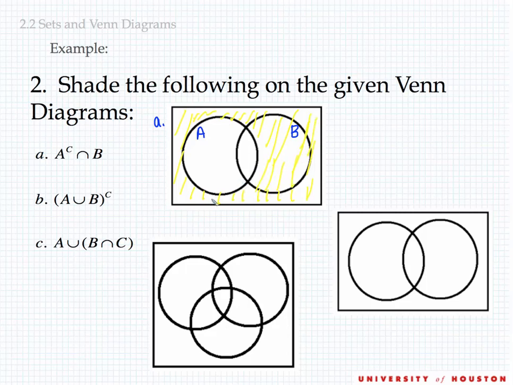Now I'm going to intersect that with B. Everything that's in B, I'm going to shade in green. Our answer consists of the values where these overlap. So everywhere that I have a yellow and a green shading would be my solution. So only the red represents A complement intersect B.